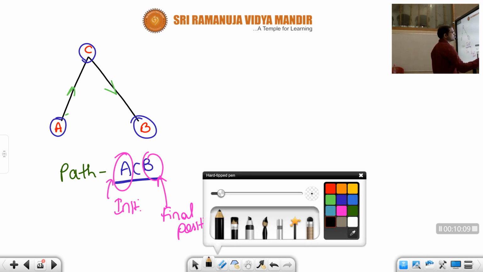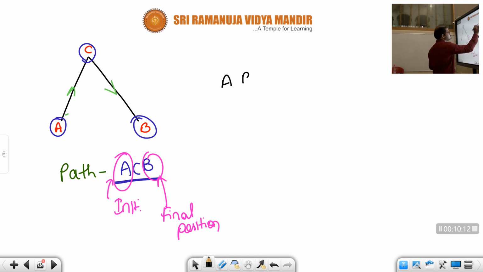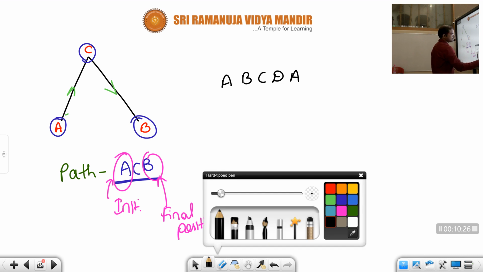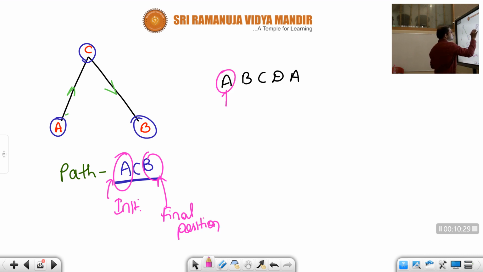See, children, if the path is given to you like this, A, B, C, D, and again A. What should you observe? The starting point is A, and the final point is also A. The starting point and final point are both the same. So there is a possibility of forming a circle, children.